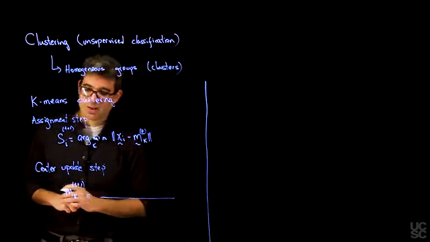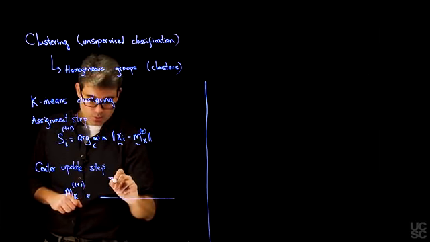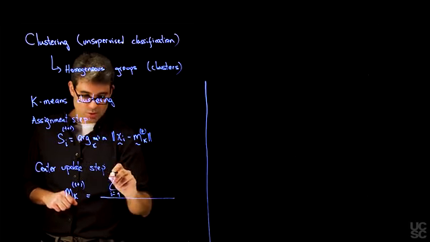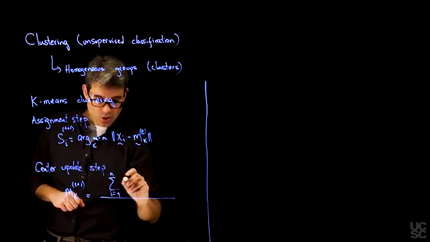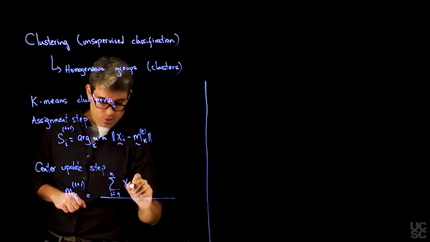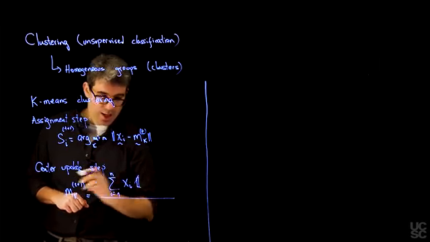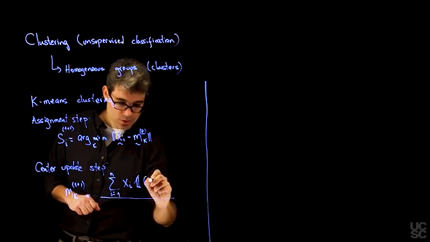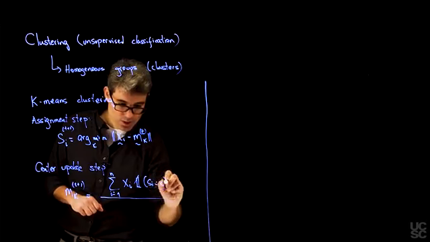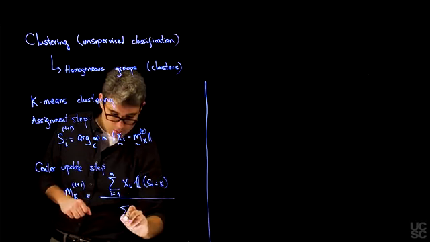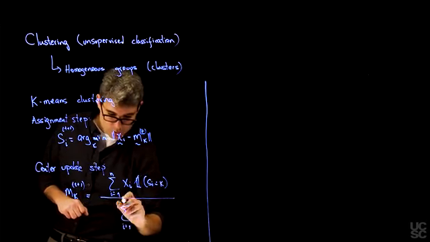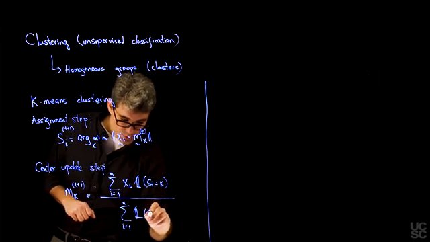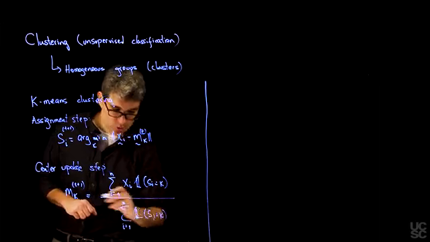One way to write that is to take the sum over all the observations of x_i, but add an indicator function that s_i is equal to k, and divide that by the sum from 1 to n of the same indicator function, s_i equal to k.